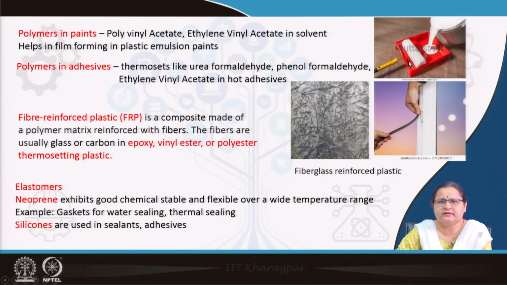Here you see the person putting a rubber gasket on the window. It is a tape like neoprene gasket which is rubber, which is an elastomer. These are chemically stable and flexible over a wide range of temperature and used for water sealing, thermal sealing.